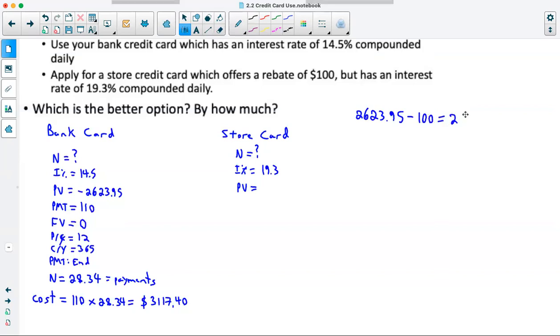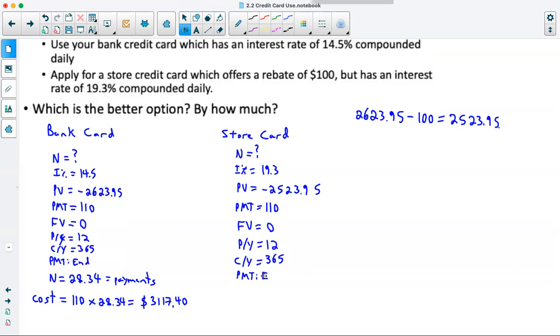That gives us 2,523.95, so we'll put that in as a negative value for our PV. We still have our payment of 110. Future value is going to be 0 because we're paying it off. Payments per year is 12. Compounding periods per year is 365. We'll have payment at the end, and we're solving for n. So n in this case gives us 29.00, so 29 payments.